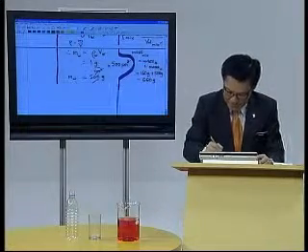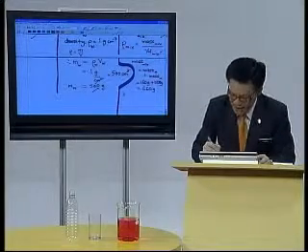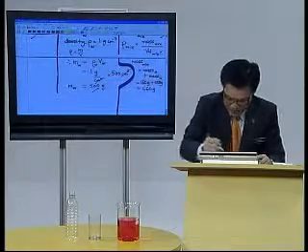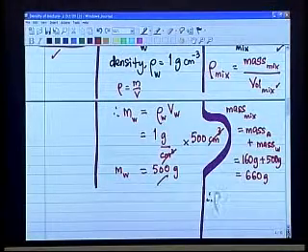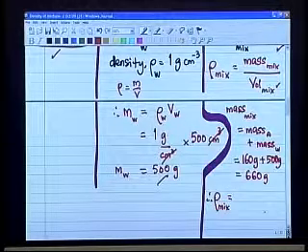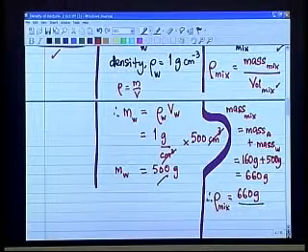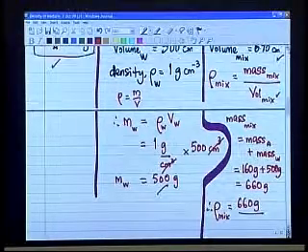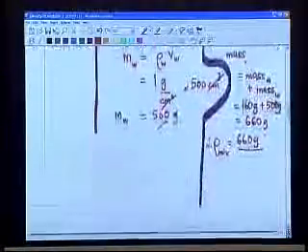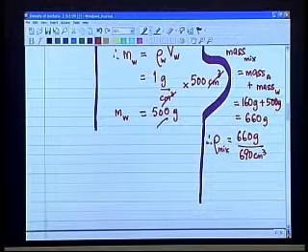Alright, so now final step. Therefore, what is the density of the mixture? Mass of mixture is 660 grams divided by volume of mixture 690, right? 690 cubic centimeters.